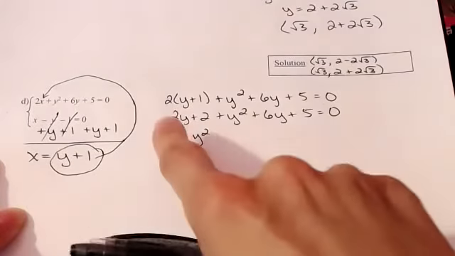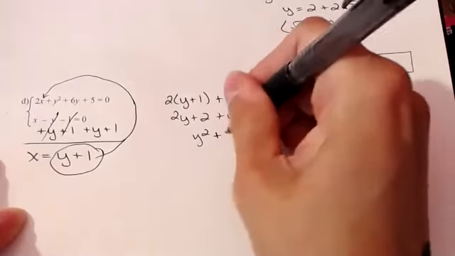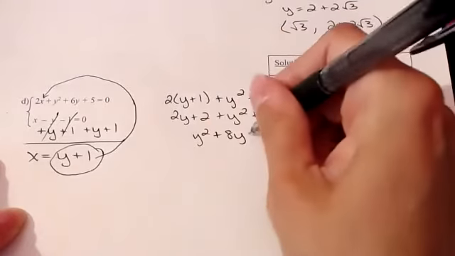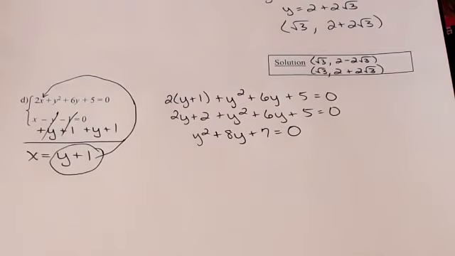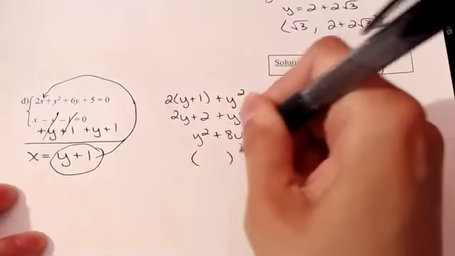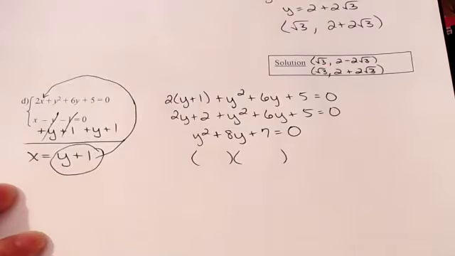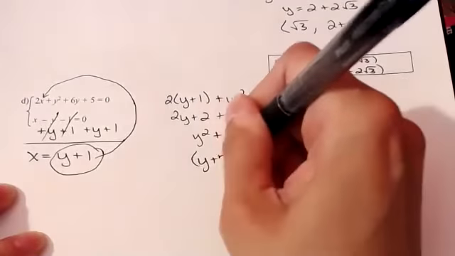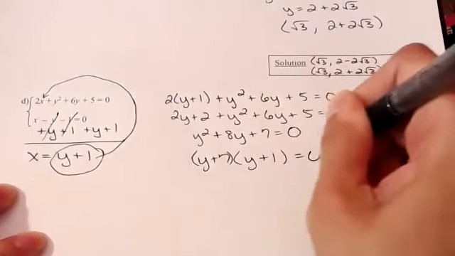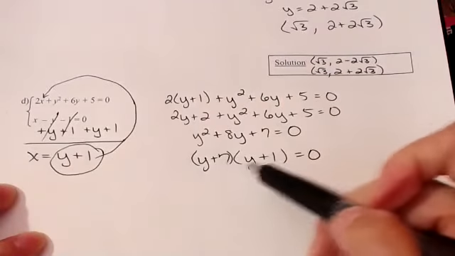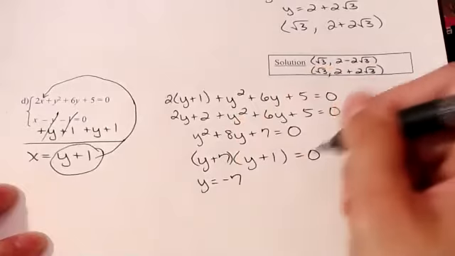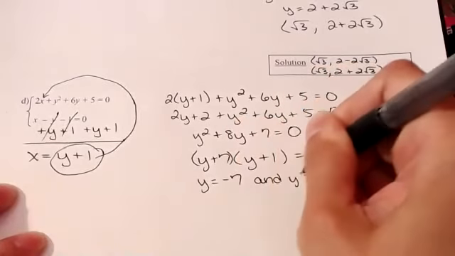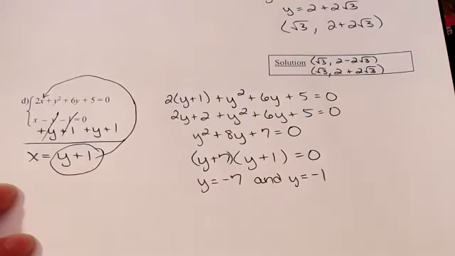I'm going to write that first. 2y, 6y, that's 8y. 2 and 5 make 7. So we have y squared plus 8y plus 7 is equal to 0. Luckily for us, we can factor this, right? Factors of 7 that combine to give you 8, well, that's just going to be 7 and 1. y squared, 1y, 7y, that's 8y, plus 7, perfect. When we solve, we get that y is negative 7 and y is negative 1.